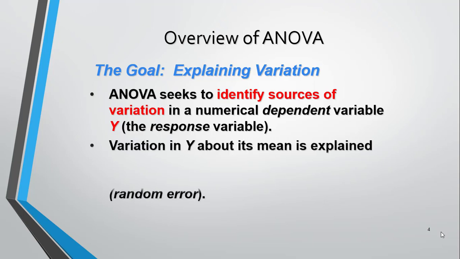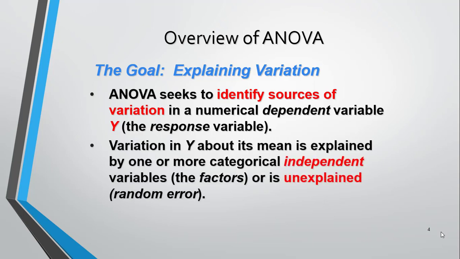ANOVA seeks to identify sources of variation in a numerical dependent variable y, also called the response variable. Variation in y about its mean is explained by one or more categorical independent variables, which we call factors, or is unexplained. We call the unexplained part the random error.